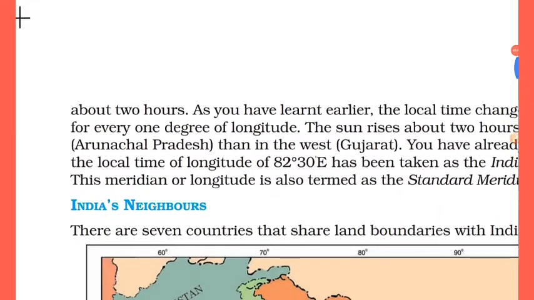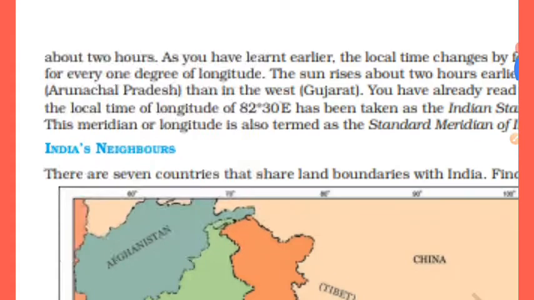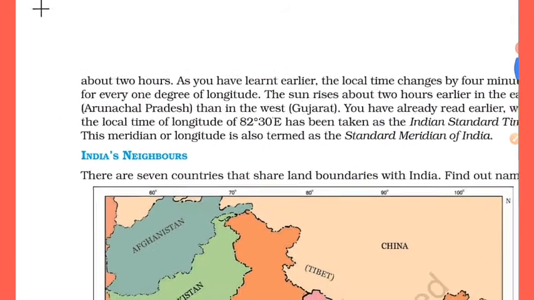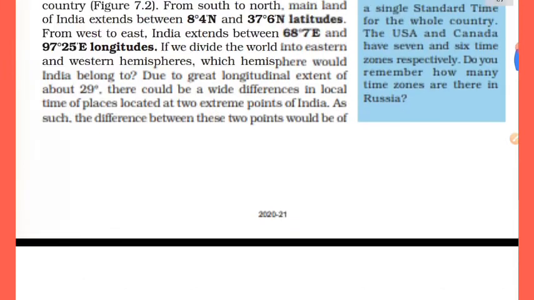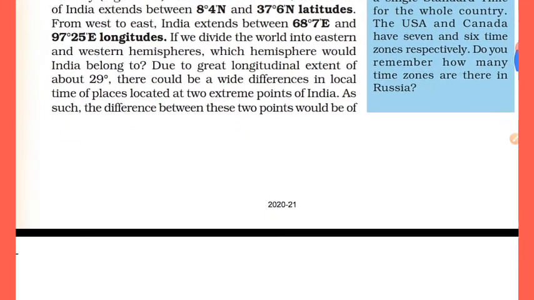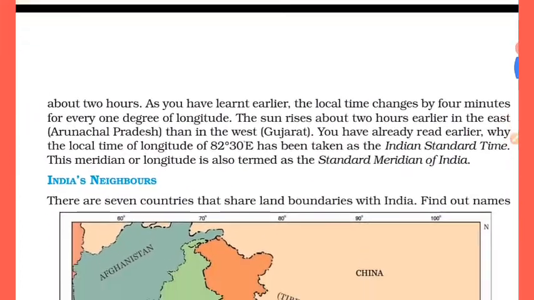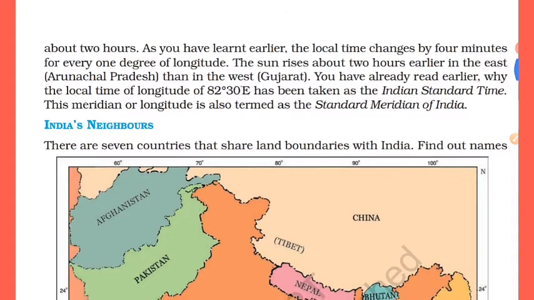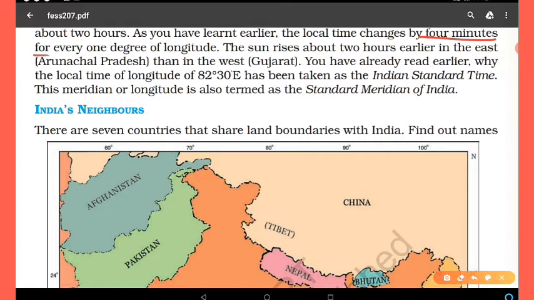The latitudinal location of any area indicates the climate, and the longitudinal location of any country indicates the time zones. So we can read that the difference between these two points, eastern and western points, is about 2 hours. As you have learnt earlier, the local time changes by 4 minutes for every 1 degree of longitude. So to cross one degree of longitude, it takes 4 minutes, right?